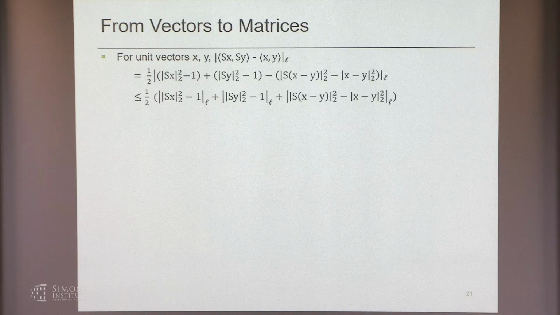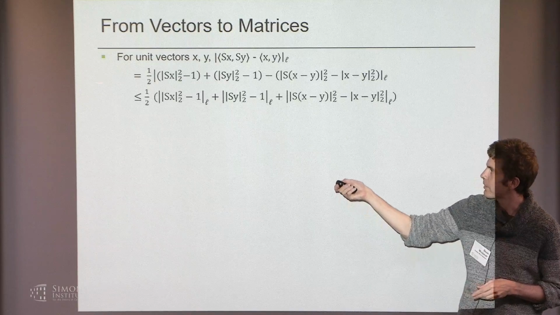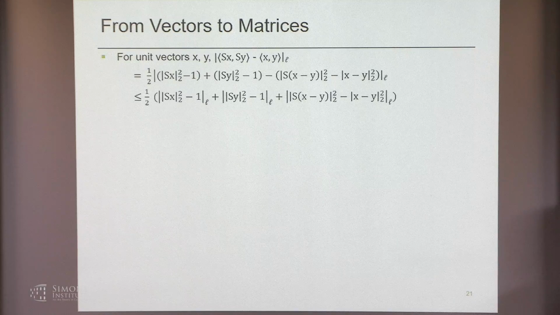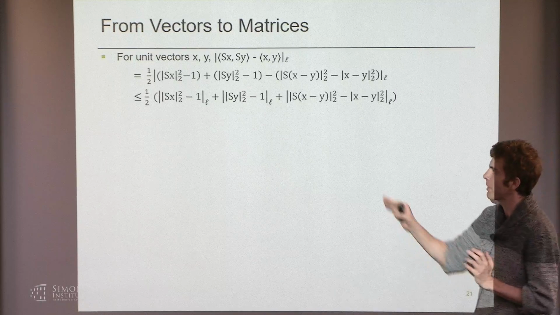Everyone is with me? Okay, and what do we know about each of these things? Remember this transition statement we're trying to prove: if S has the JL moment property, then it satisfies something about approximate matrix product. So what does the JL moment property tell us?